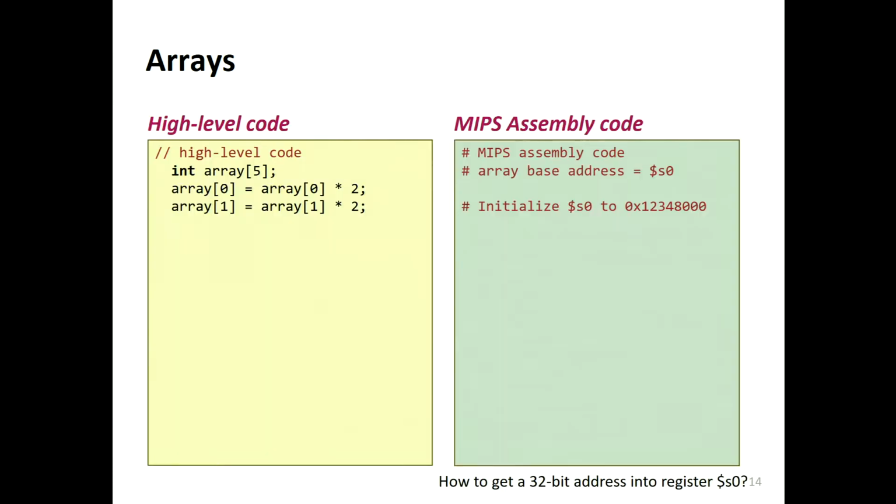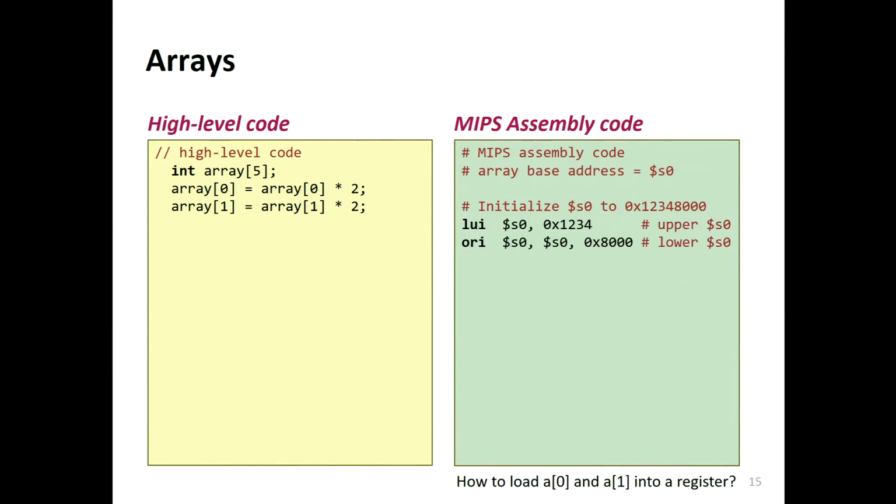All right, so the high-level code for accessing arrays, we can explain it using, again, an example. Imagine here we have high-level code that instantiates an array of 5, setting array element 0 to itself multiplied by 2, and the first element also twice its original value.